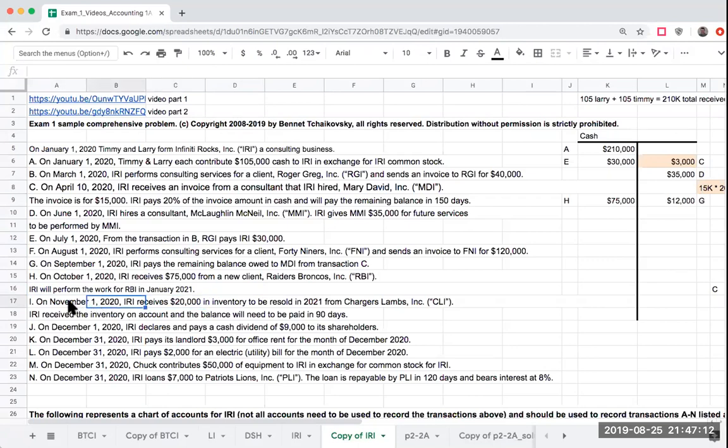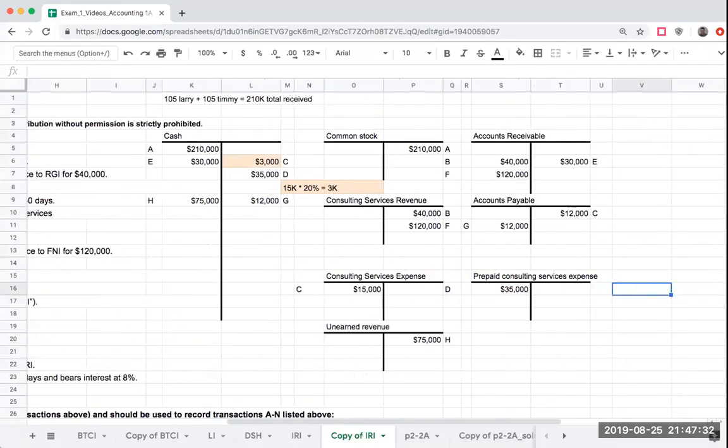The next one is on November 1st. I received $20,000 in inventory that I will be reselling in 2021 from Chargers Lambs. I received the inventory on account and the balance will need to be paid in 90 days. Okay. So for letter I, what am I receiving? What am I getting?